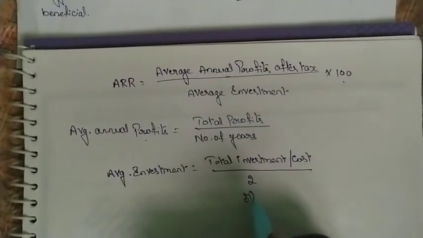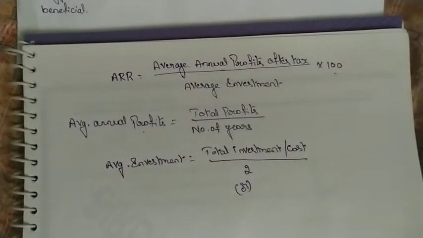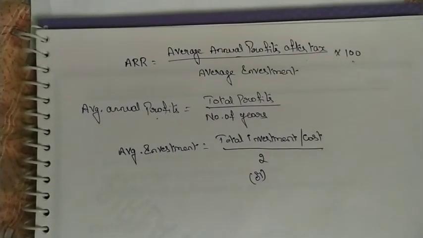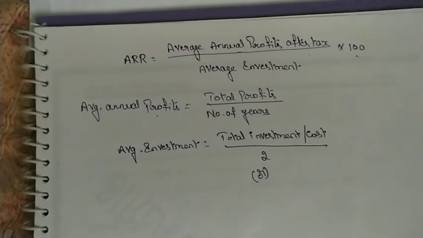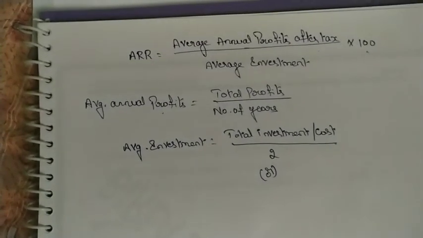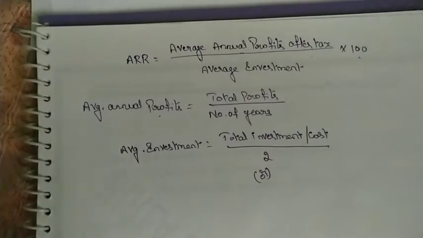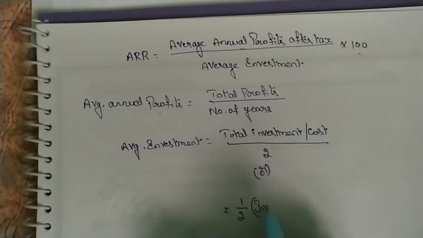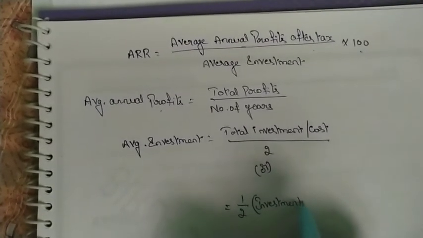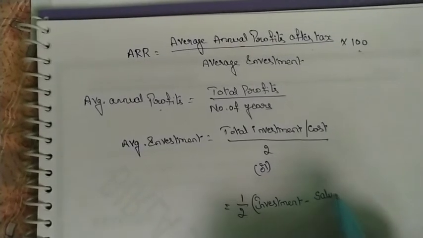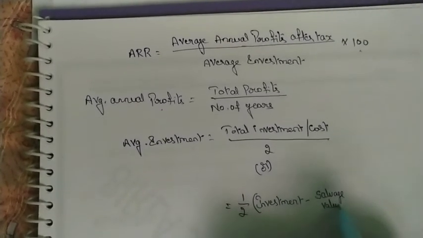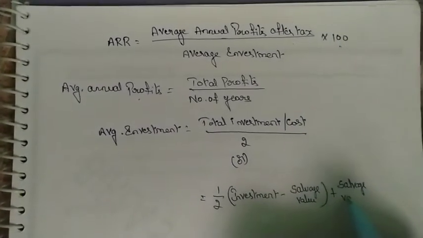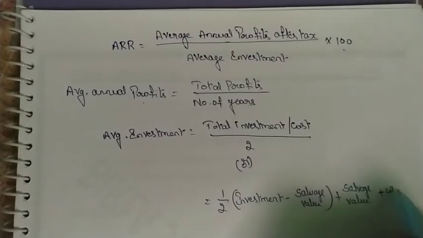For calculation of average investment there is one more formula. If the problem gives a salvage value or scrap value and working capital, then the formula for average investment is 1 by 2 into total investment or cost of the project minus salvage value, plus salvage value, plus working capital.